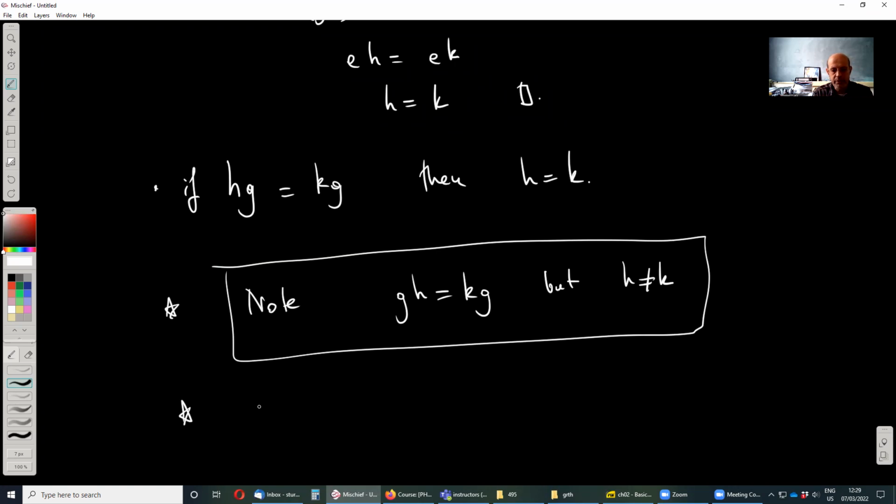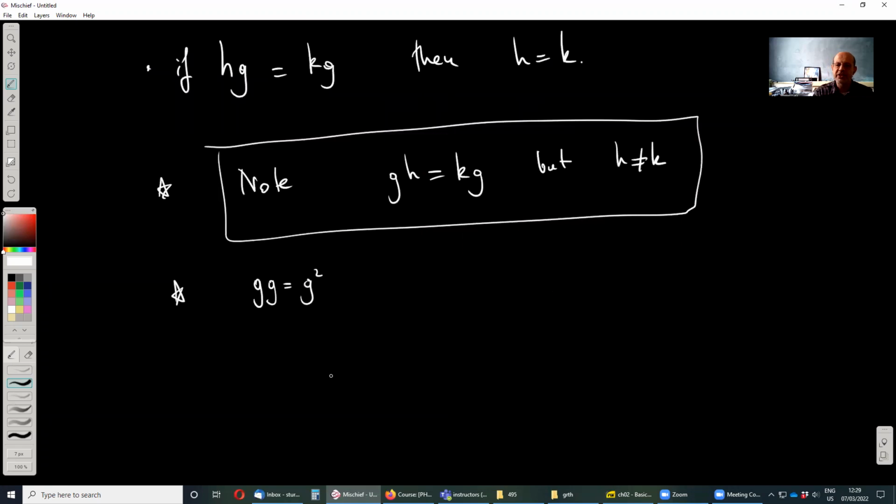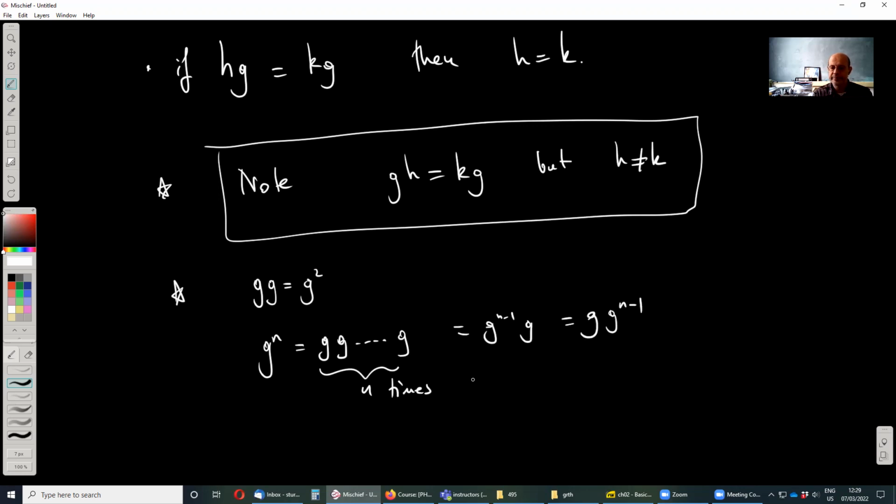Let's talk about the powers. If I have the product of two elements and so on, I'm just going to show them by the power symbol, right? For additive groups, this is actually particularly awkward, right? In any case, by G to the N, I'm going to imply the product of the same element N times. So you can also think of it as the product of G with G to the N minus 1 and so on.